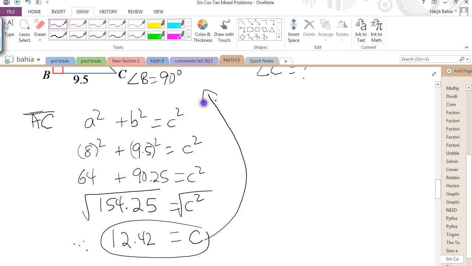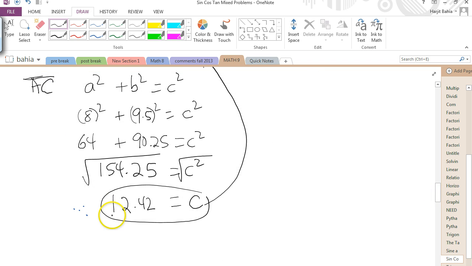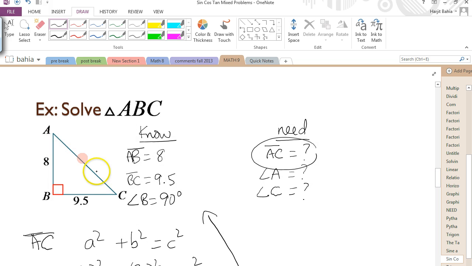So 12.42 is, actually that should be side AC. So side AC is 12.42. So now that is off our needed list. And it's joined this list, which I'm not going to add to because it's going to get messy.